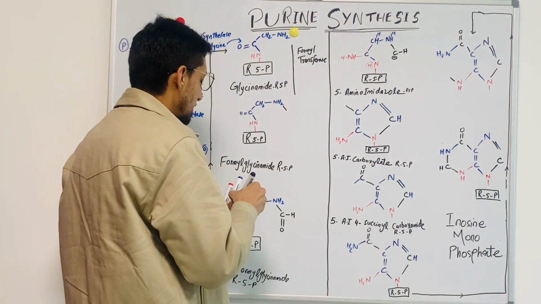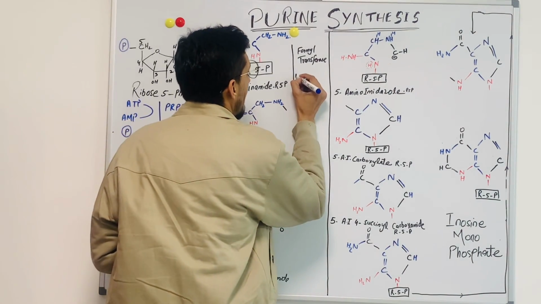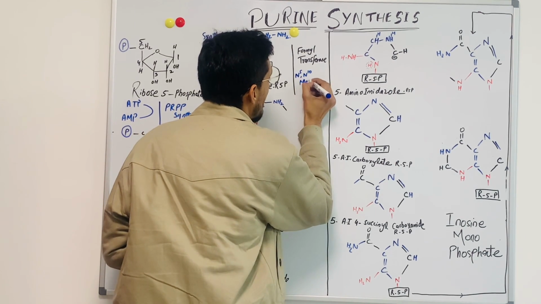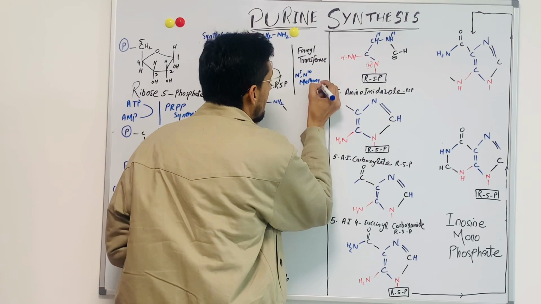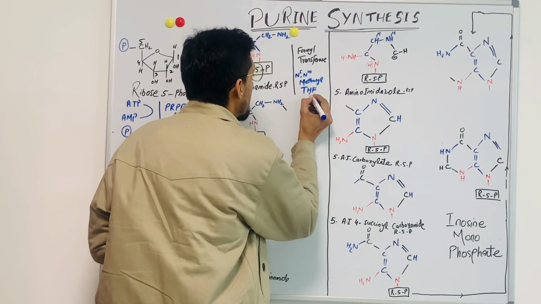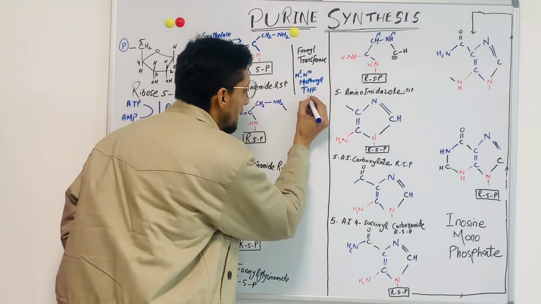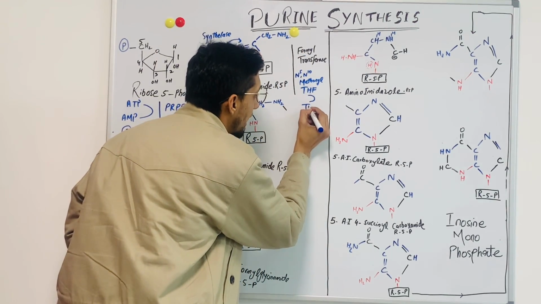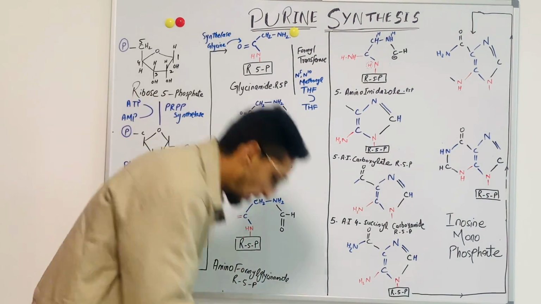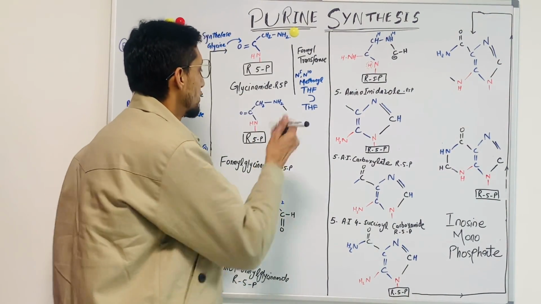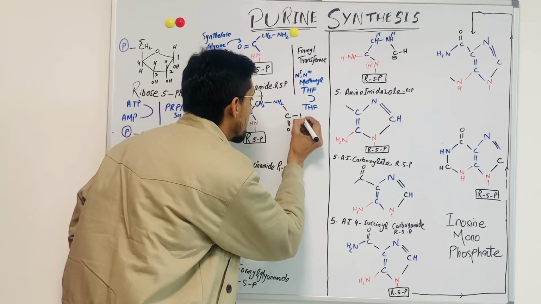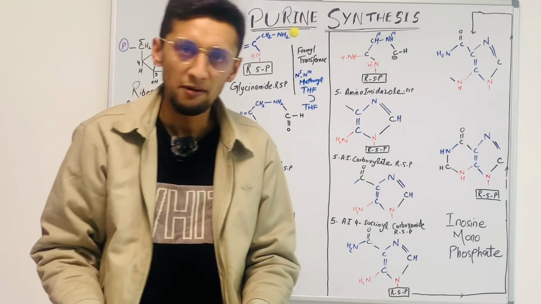That is very important, you have to keep it in mind: N5, N10 methenyl tetrahydrofolate. When giving its formyl portion, it will convert into tetrahydrofolate, and its formyl portion will be attached to this portion, that is C double bond OH. This is the simplest formula of a formyl group.